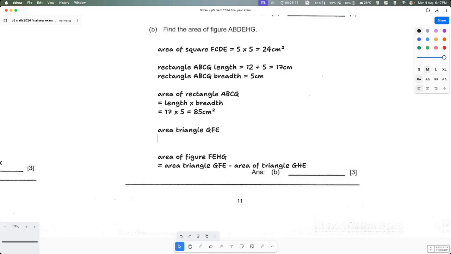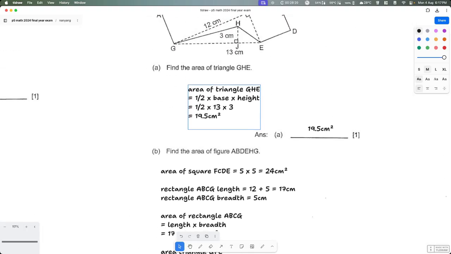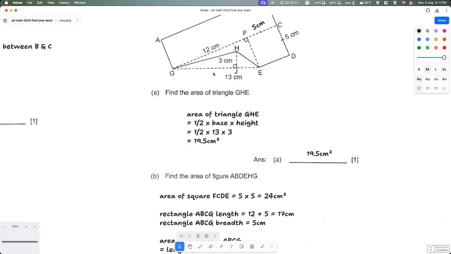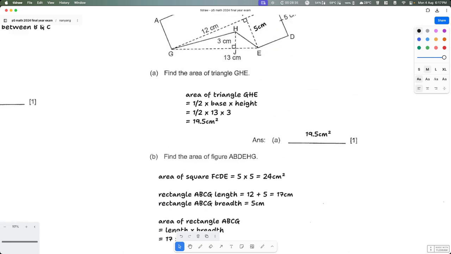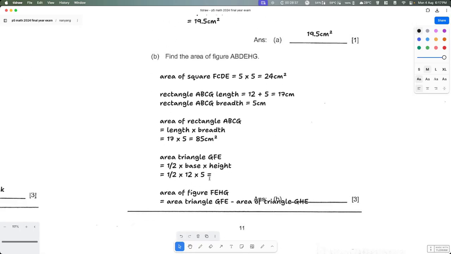which is basically half times base times height. In this case, half. What's the base for GFE? Base is 12 and the height is 5. So half times 12 times 5. This will give us 30 centimeter square, right?